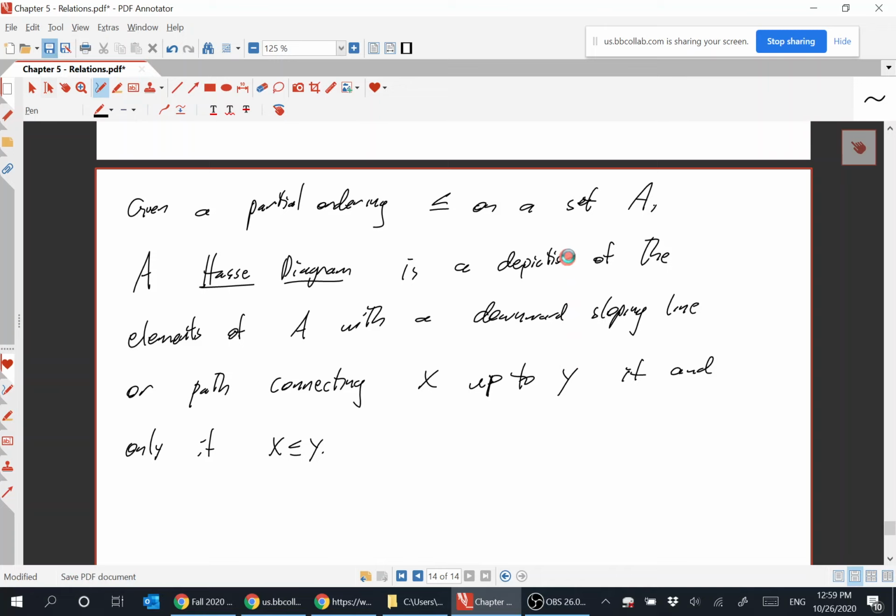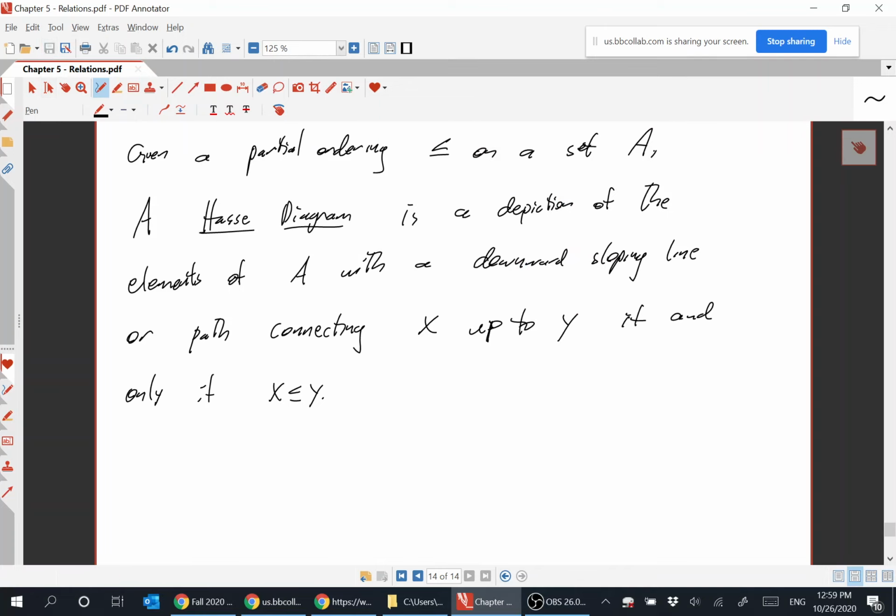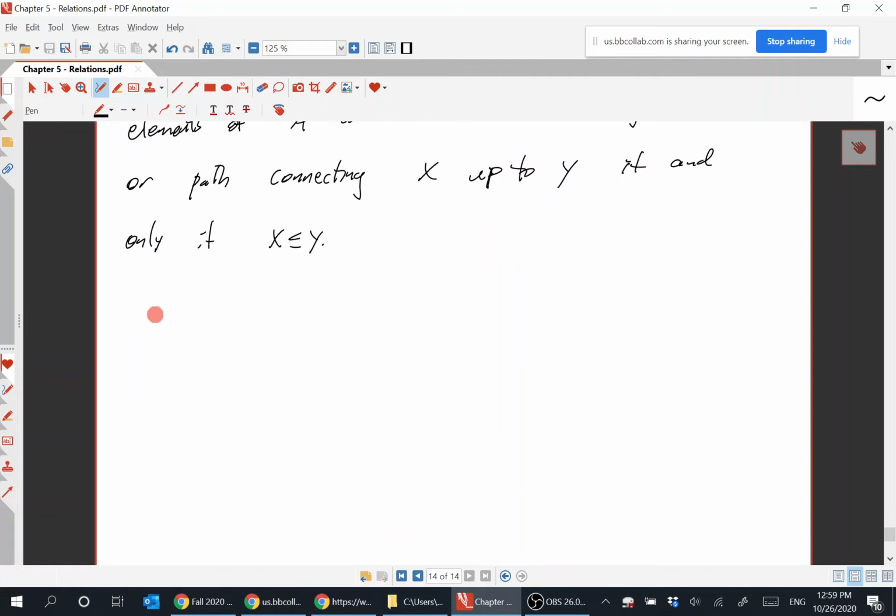So, for example, let's take the set A, {1, 2, 3}. Now, the subsets of A are, well, there's 8 of them.